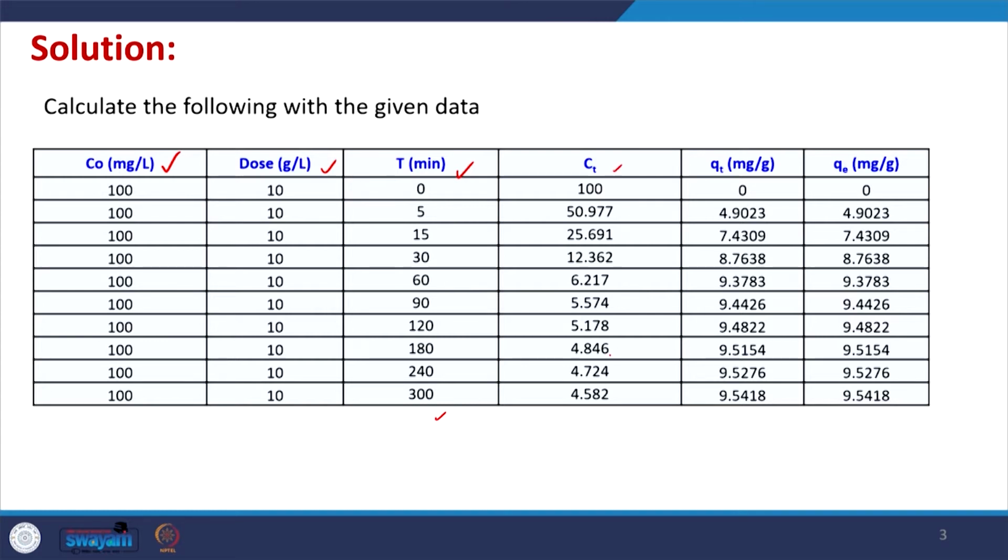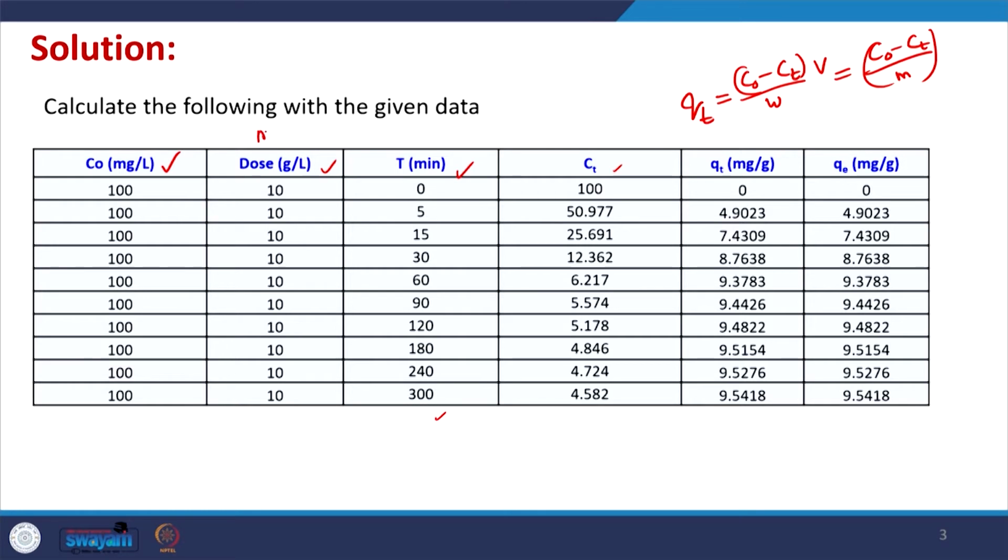After some time these were the values which were obtained. From this we can get the Qt value, and generally these are not highly accurate, only up to two decimal places is enough. We can determine the value from the expression given in the previous lecture also, C0 minus Ct upon W by V, which can also be given as C0 minus Ct upon m, where m is the adsorbent dose.